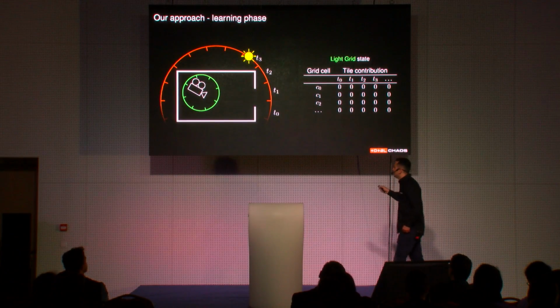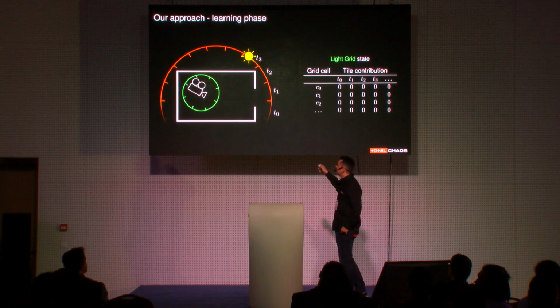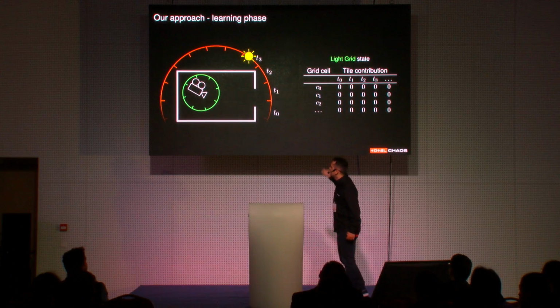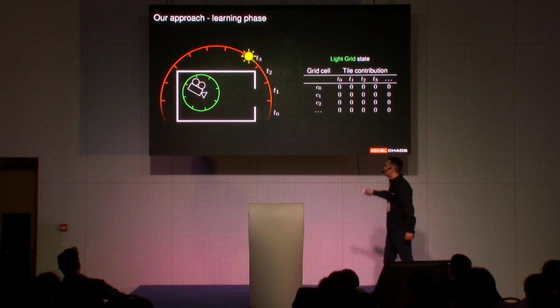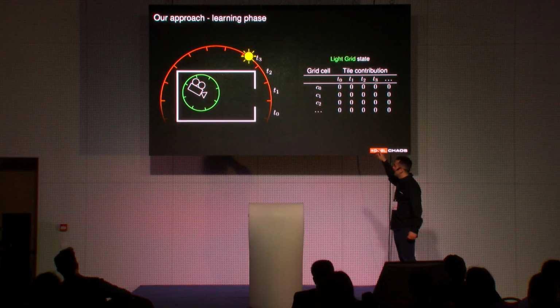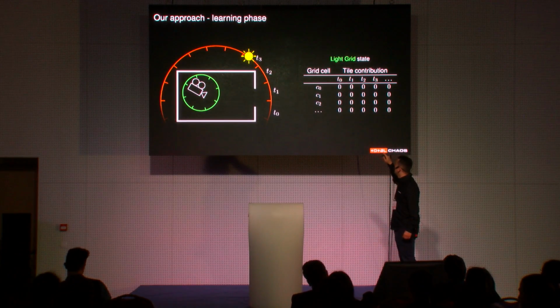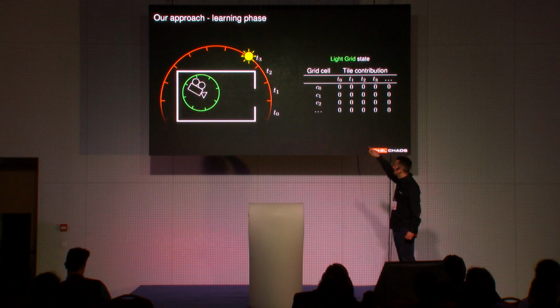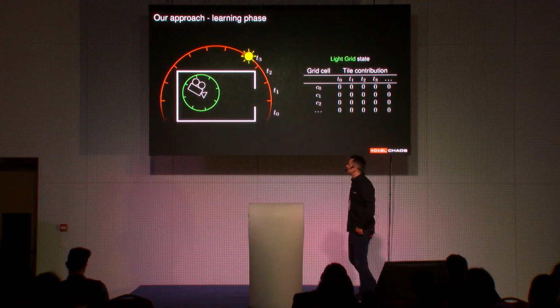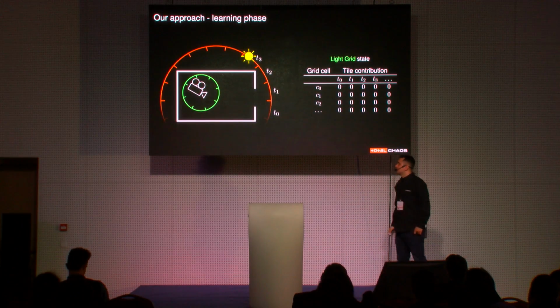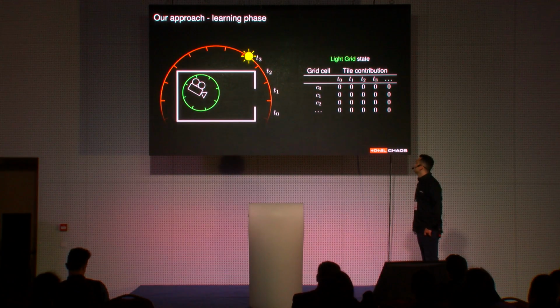And then we have our tiled environment map, the orange arc. I have drawn the tiles and put some indices on them. This is T0, T1. These are the tiles. We have the light grid, and I will show now how the learning phase proceeds.